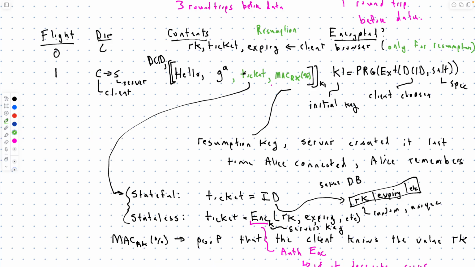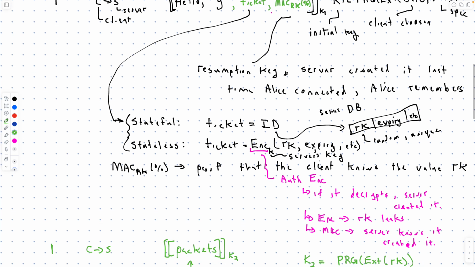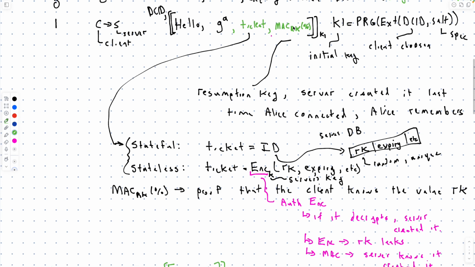The problem with this is that if I see this packet go by and I'm an adversary, I can replay the ticket and I can replay the MAC, right? The MAC proves that the person who created the MAC knows RK, but if I see that, I can replay it, even though I don't know RK itself.